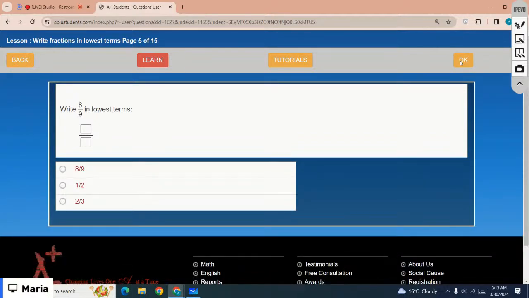The next one is write 8 by 9 in lowest term. So which is the correct option?